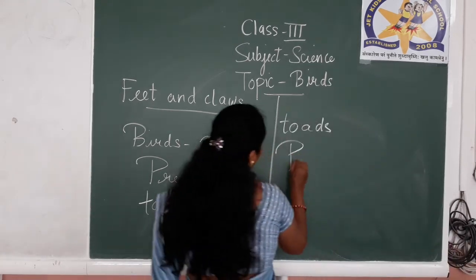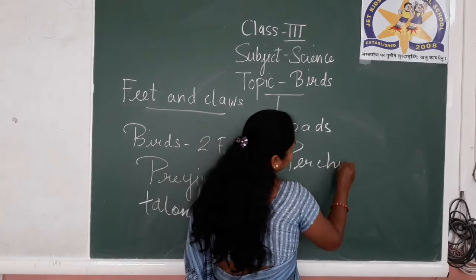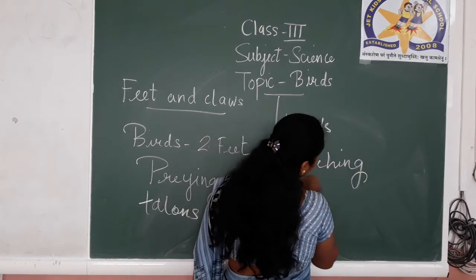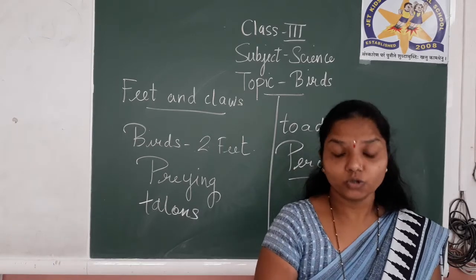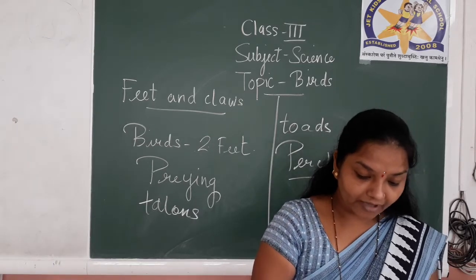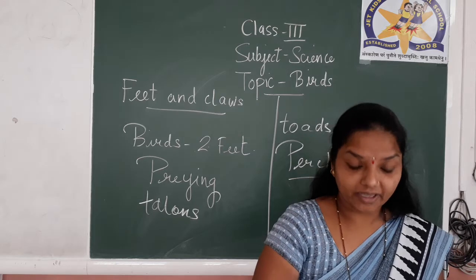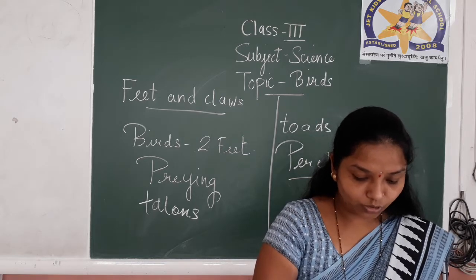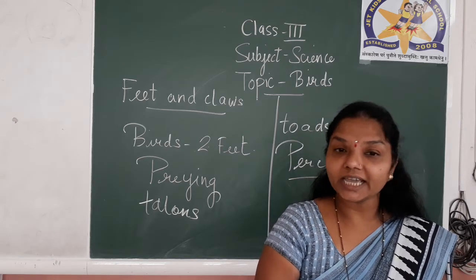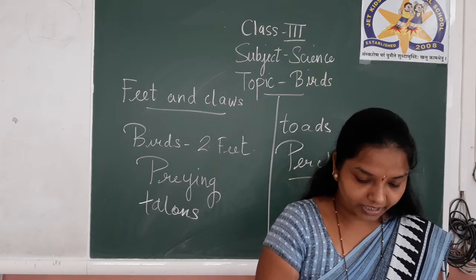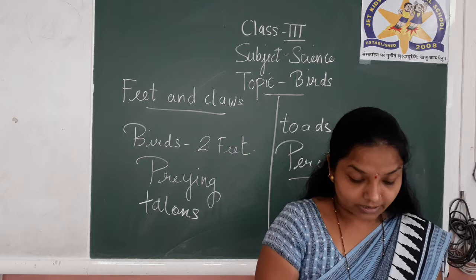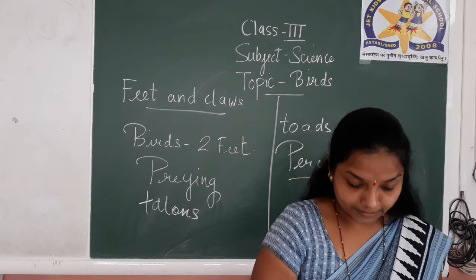Examples are sparrow, pigeon and crow. They have feet with 3 toes in the front and 1 at the back. These feet help them to hold the branch firmly.